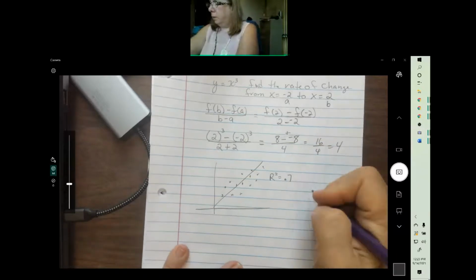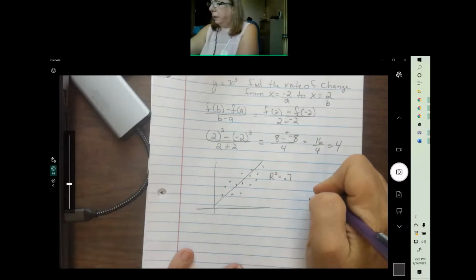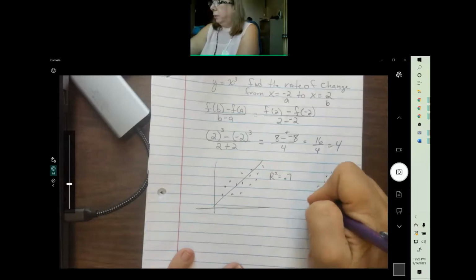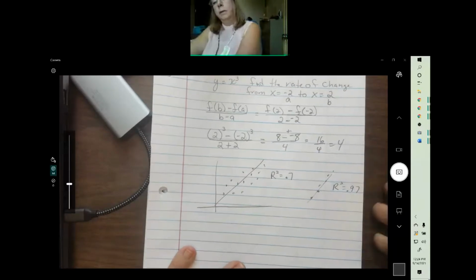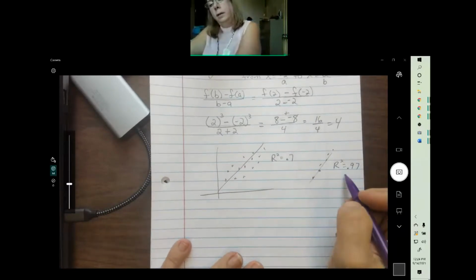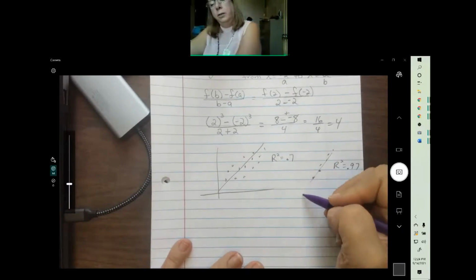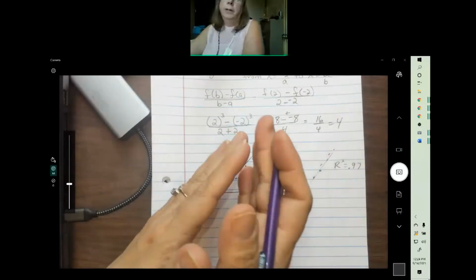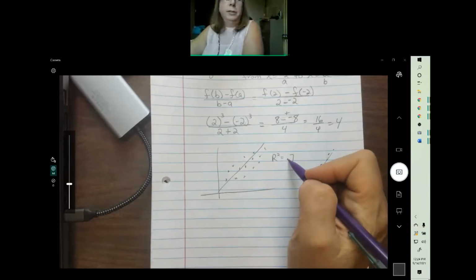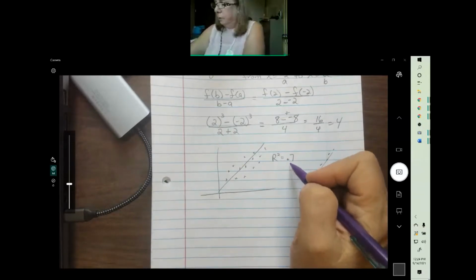Now the one we had just done was almost on a straight line. R squared was 0.97, I think. The closer this is to 1, the closer the dots will be on the line. The further out they are, the closer to 0 this will be.